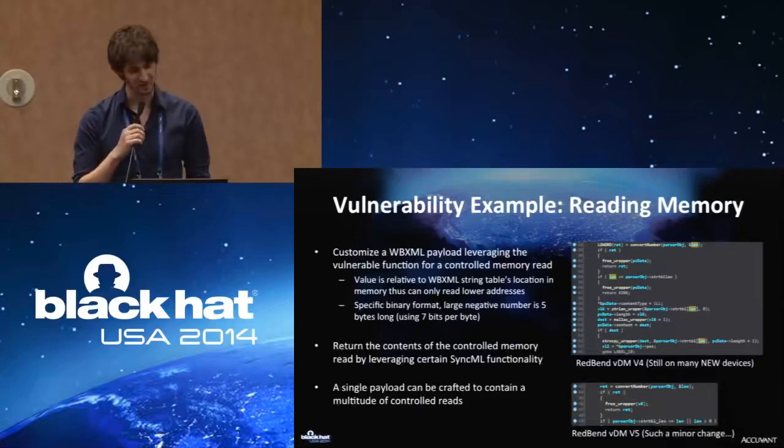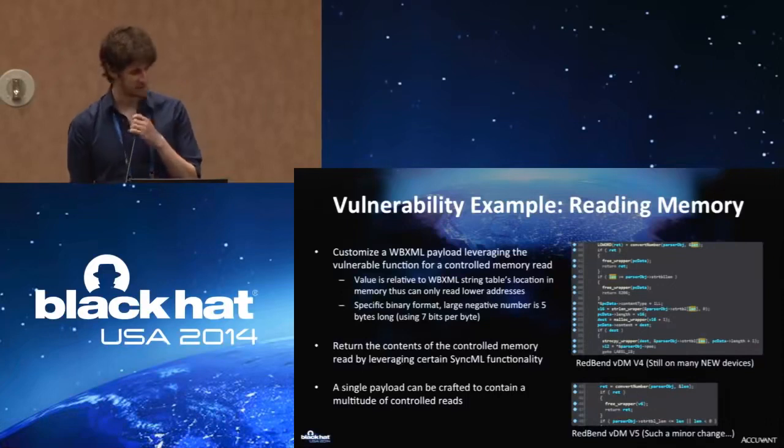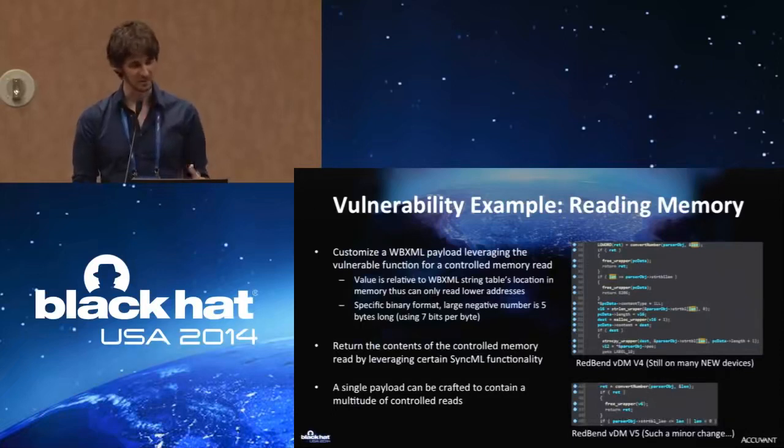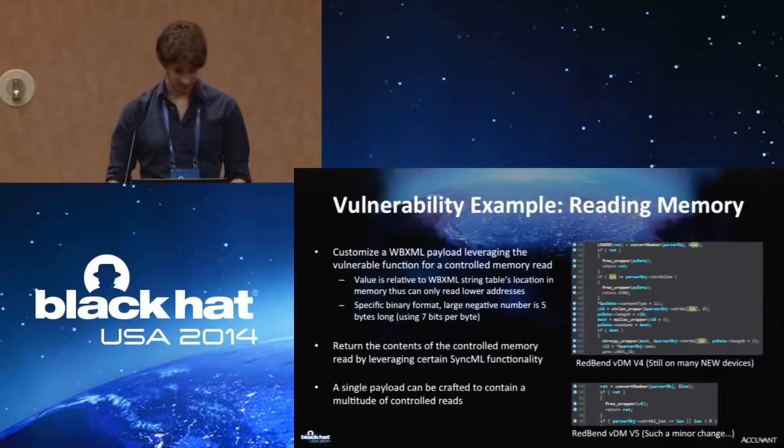So this is a signed integer, and you can wrap around and bypass the first check that you can see here. The data that you can read out of memory from the base of this buffer will be returned to you. And you can actually inject a lot of these arbitrary reads within one payload and read most of the memory that is lower than the buffer. If you go to the next one.